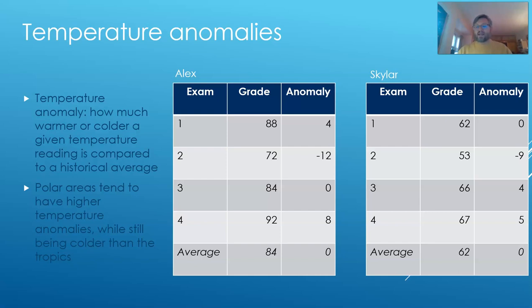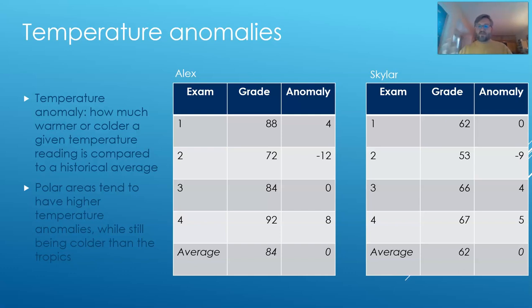So Alex did better on the test, but was farther off from their long-term average, did worse than their long-term average by a larger amount than Skylar did, because Skylar's grades are all pretty bad. So 53 is not as unusually bad for Skylar as 72 was for Alex. And that's important to note because when we look at temperature anomalies, not the full global temperature anomaly, but place by place, right?